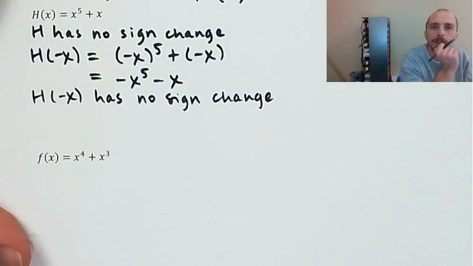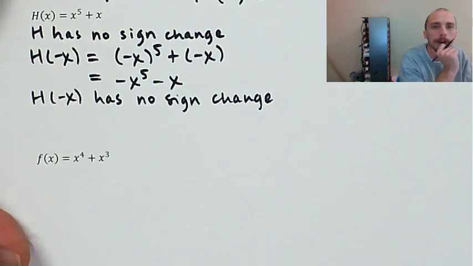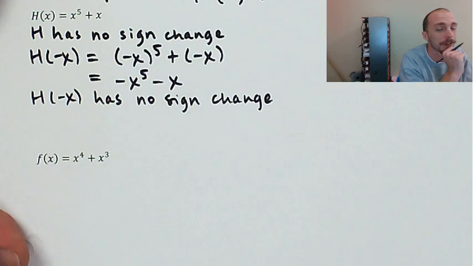That's concerning, right? Because this is a 5th degree polynomial with a positive leading coefficient, meaning as x approaches negative infinity, I'm going down. As x approaches positive infinity, I'm going up, right? So I've got negative values of h, positive values of h, and h is a continuous function because it's a polynomial, so it's got to be equal to 0 somewhere. There's got to be an x-intercept. Every odd degree polynomial has at least one intercept.